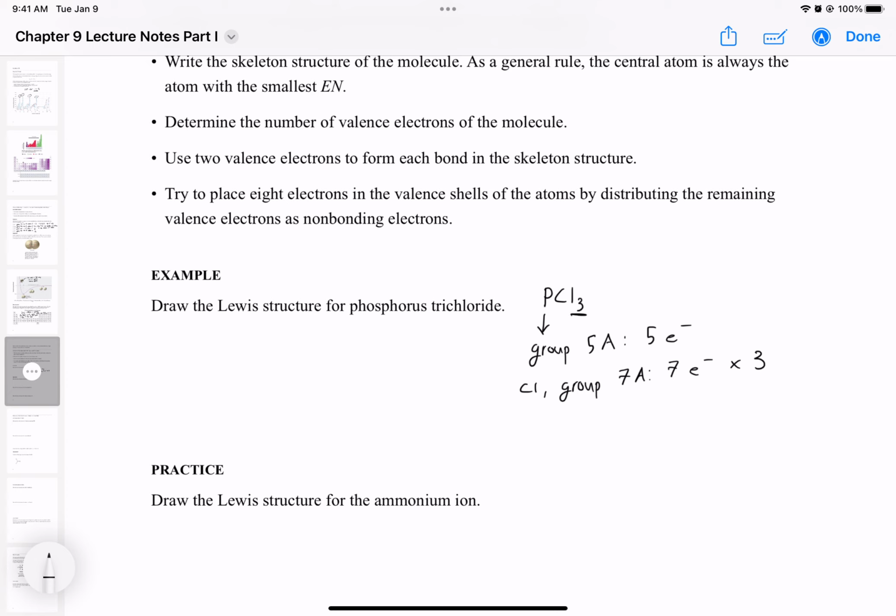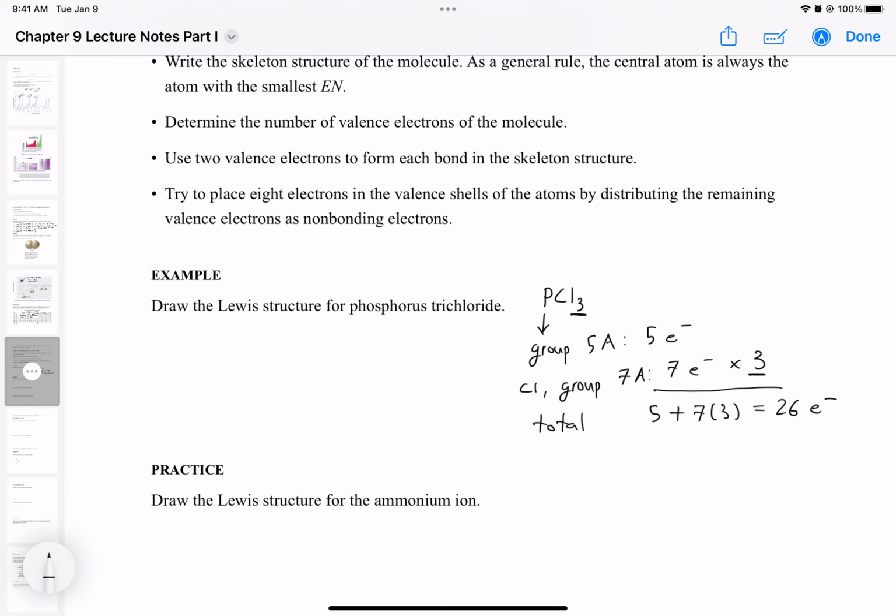So I'm going to underline it to indicate that that's where the 3 came from. So this would give us a grand total of 5 plus 7 times 3 equals 26 electrons. Okay. So now we have a total of 26 electrons to distribute in our structure.